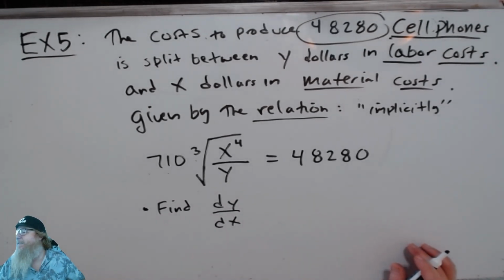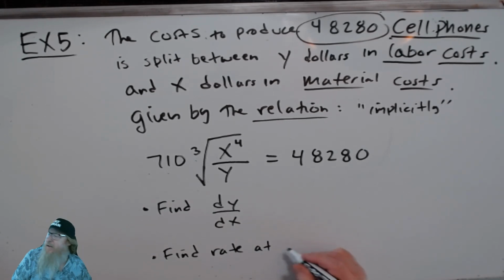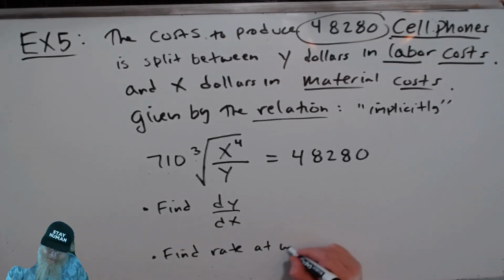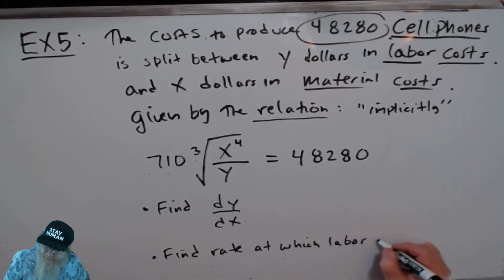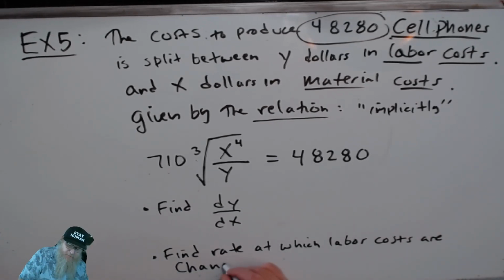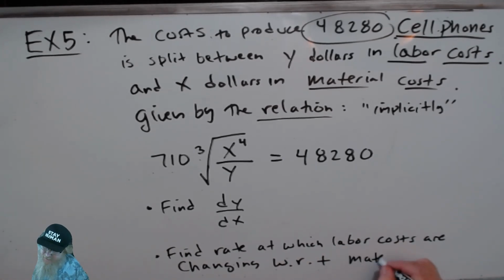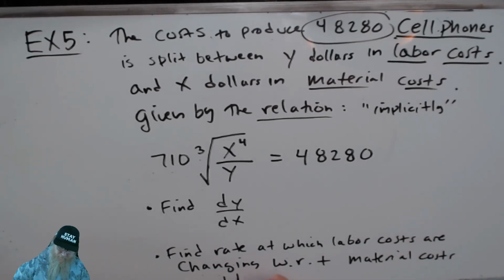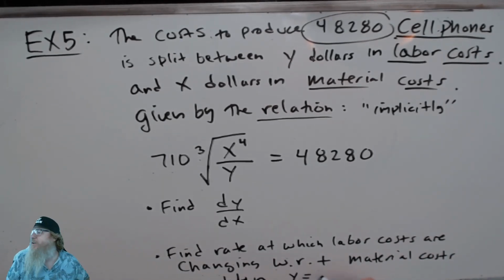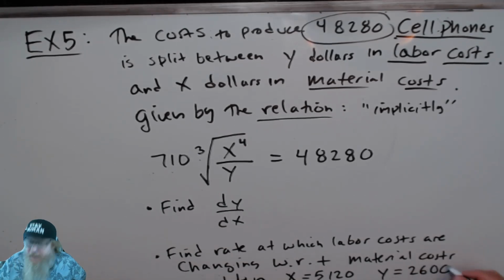And then find the rate at which labor costs are changing with respect to (WRT) material costs when y is equal to, or x is equal to 5,120, and 2,600.